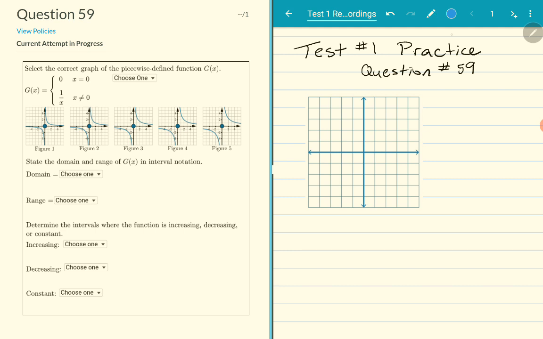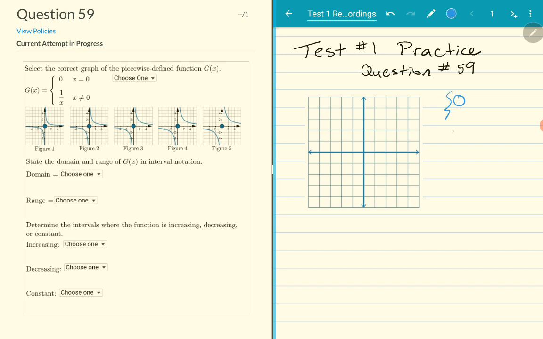So I have g of x equal to 0 when x is equal to 0. That means there's a point right here on g of x.